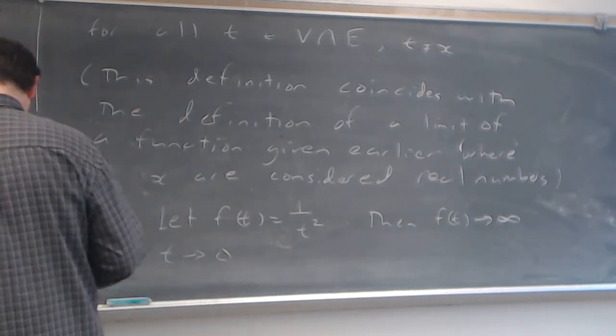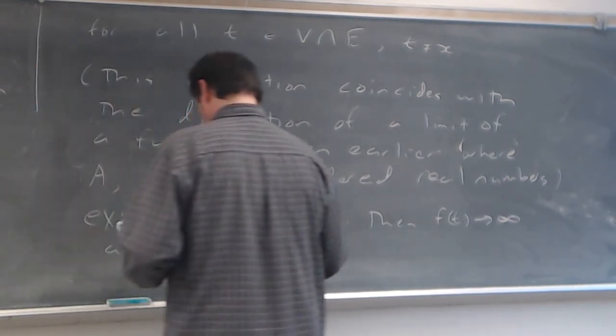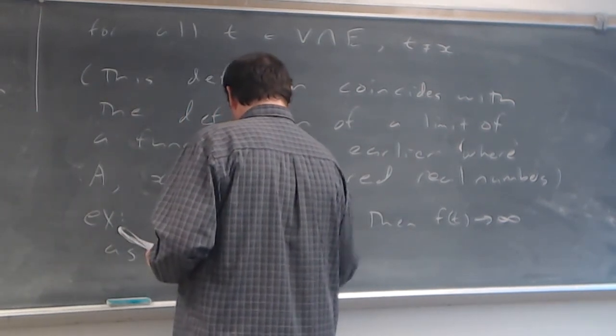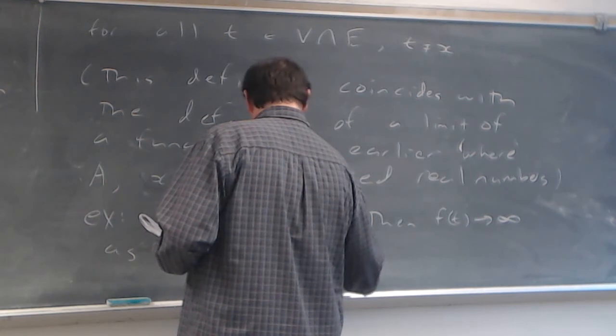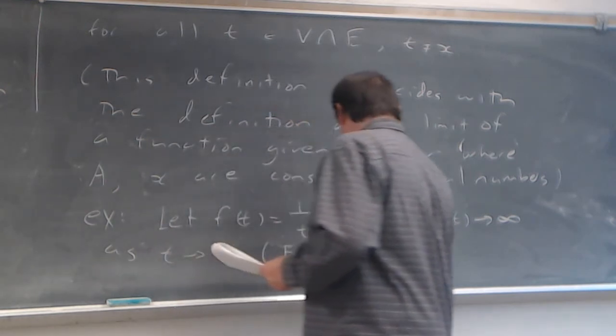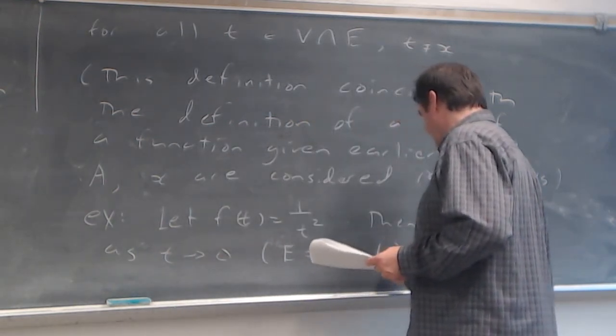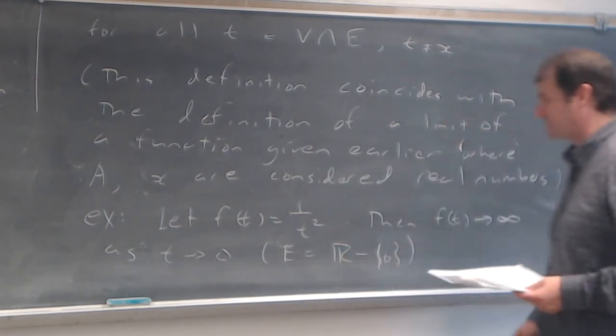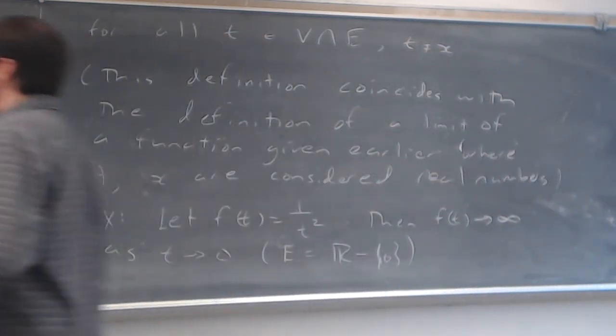That's our x, 0. And here, E is thought of as the reals minus 0. That's the set where f of t is defined. Okay, so let's prove this.